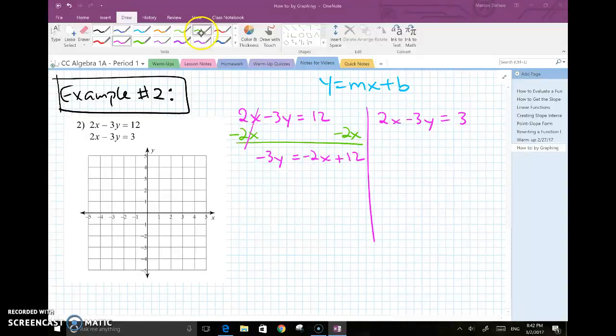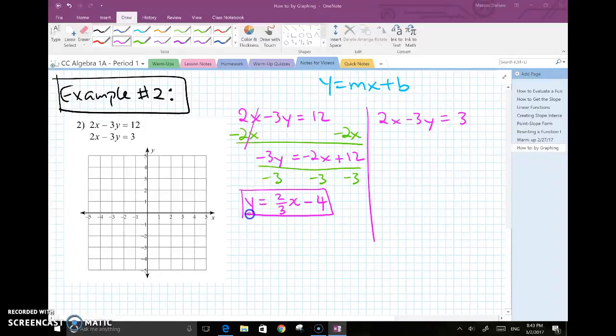Then I take the negative 3 and I divide here, here, and here. What that does is it leaves me with my final form, which is y is equal to. These two negatives, when you divide, will make a positive, so this is now 2 over 3x. And a positive divided by a negative makes a negative, so this is minus 4.